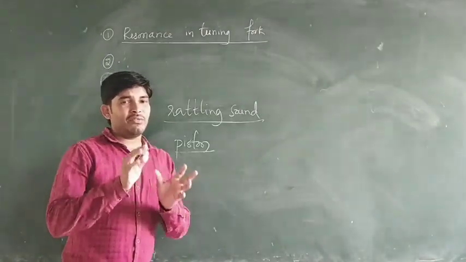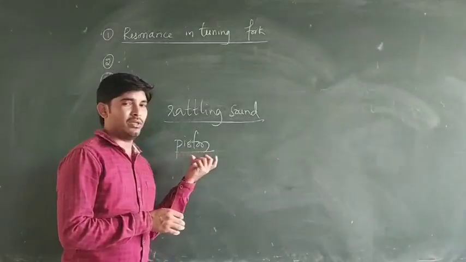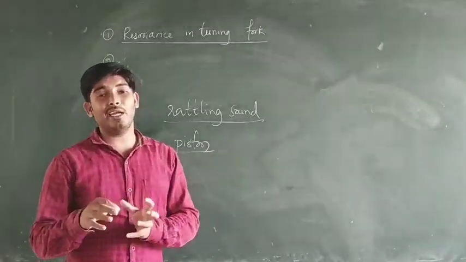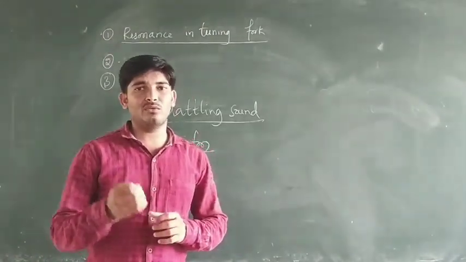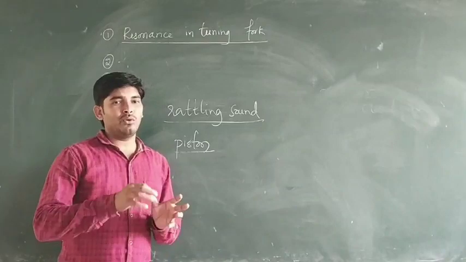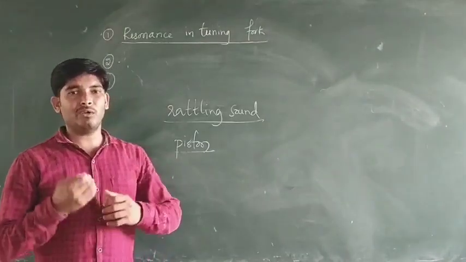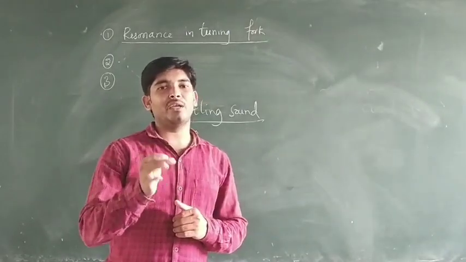Here, if the part which is in resonance with the piston is not tightly fixed, then it may have a chance to drop out of the vehicle. To stop this, what do we have to do? We have to change the speed of the vehicle.